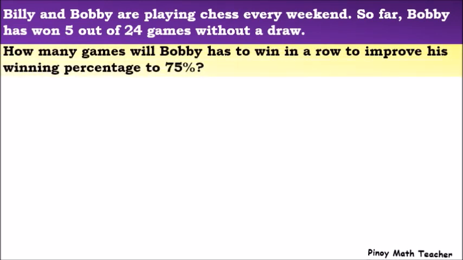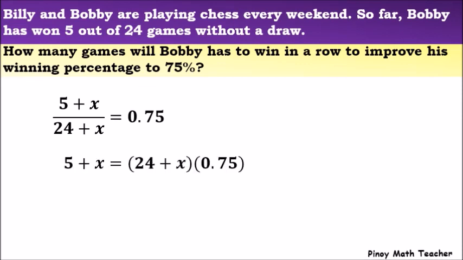How many games will Bobby have to win in a row to improve his winning percentage to 75%? Okay, so ang rational equation na gagamitin natin, (5 plus x) over (24 plus x) equals 75%. Ang 75% ay equal sa 0.75 in decimal. So, cross multiply tayo. So, 5 plus x equals (24 plus x) times 0.75. So, ang gagawin natin, multiply natin yung 0.75 sa 24 plus x.